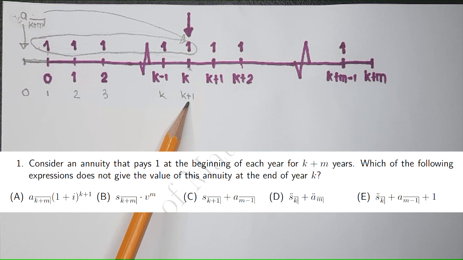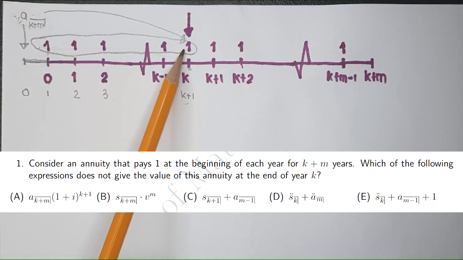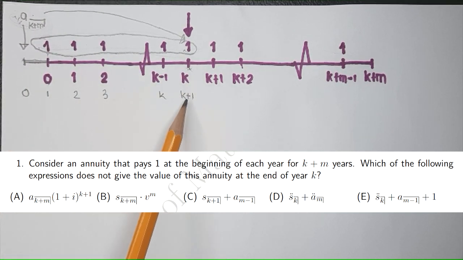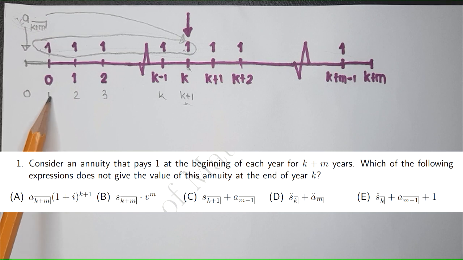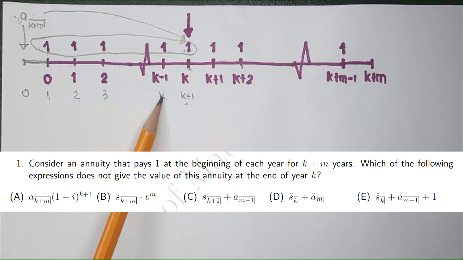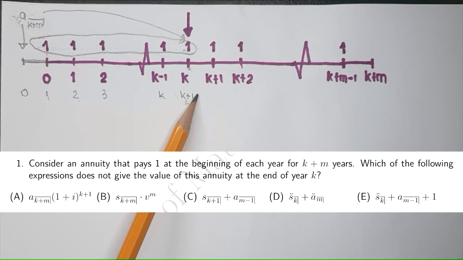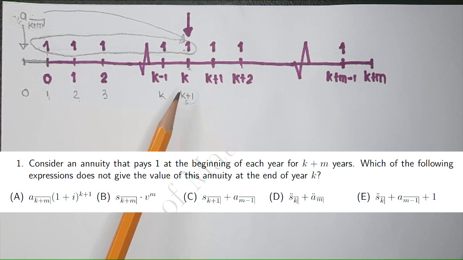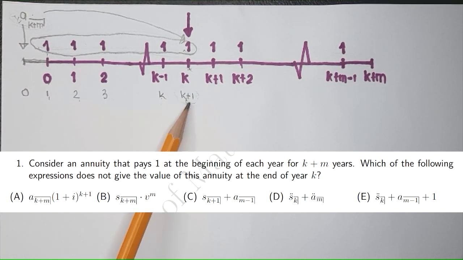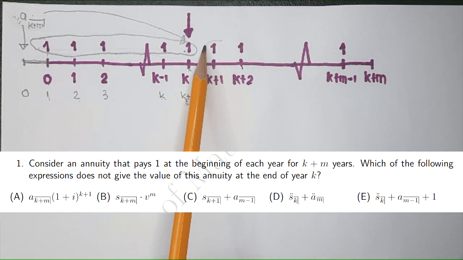Ang accumulated value nitong payments na ito ay S angle K plus 1. An annuity immediate, payments are made at the end of each year for K plus 1 years. So that's why we have S angle K plus 1. Okay? And then, kinuha naman ang value nito.